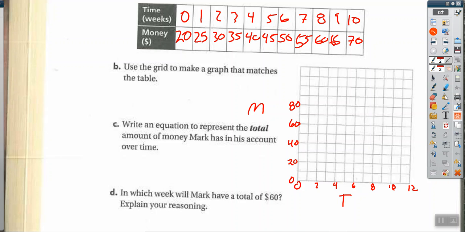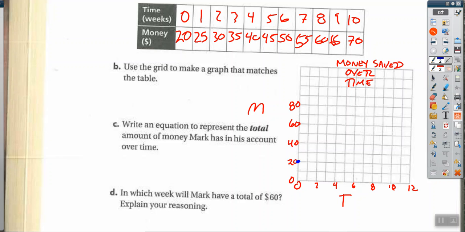I don't want that. And we're going to label this graph money saved over time. All right. So 0, 20.